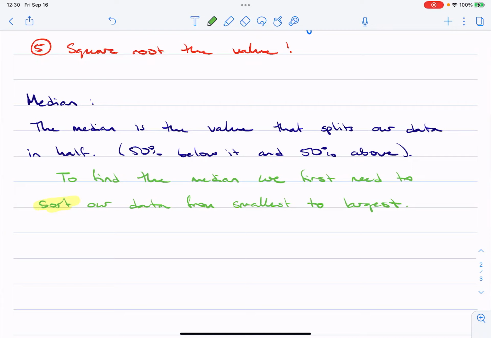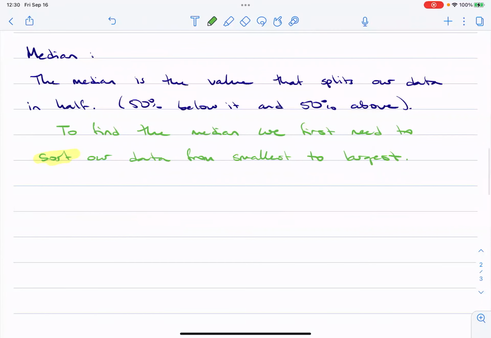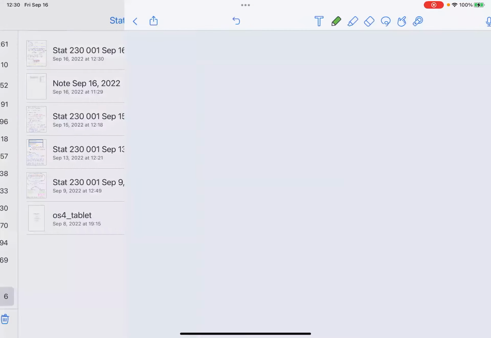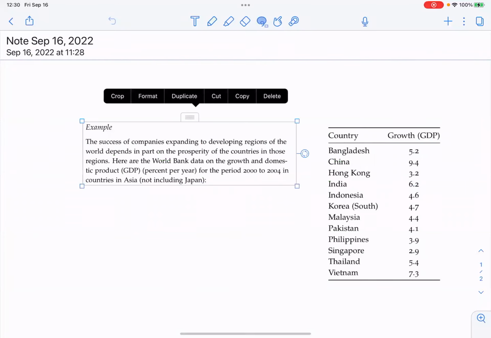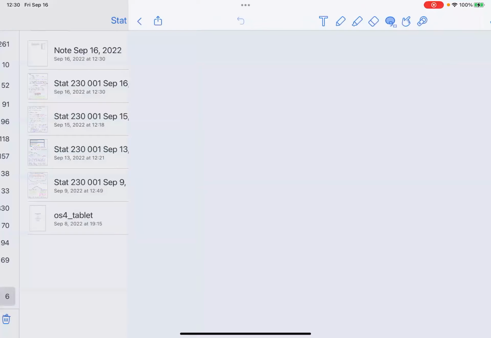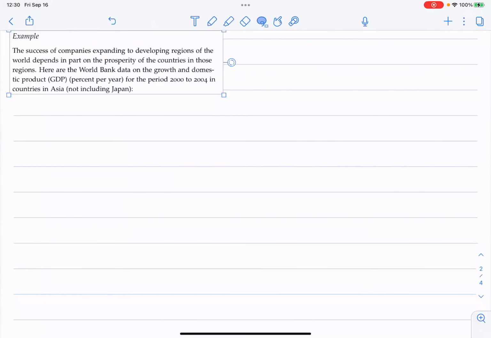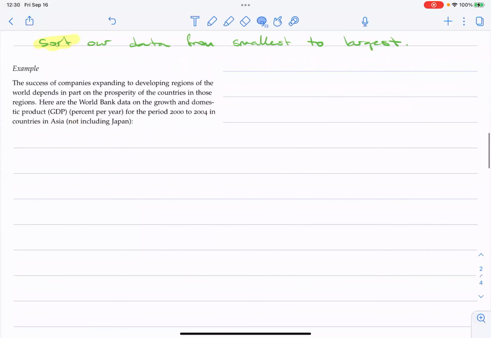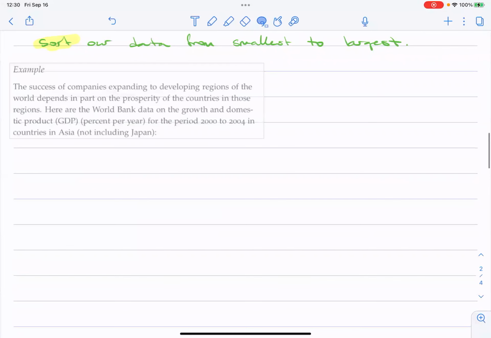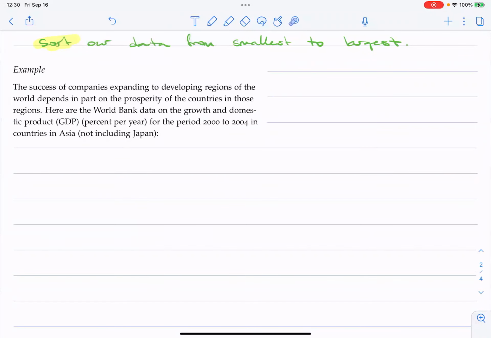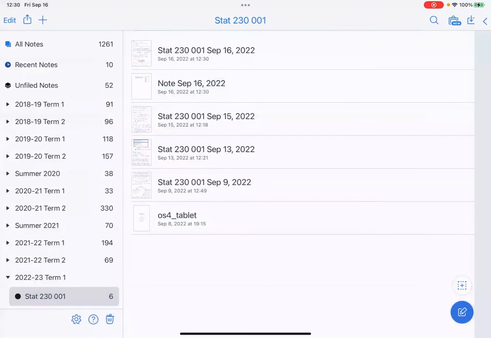Okay. So for this, I have an example that I wanted to grab from my old notes, and I know it's cheating here, but you don't need to read this blurb. We're going to be looking at GDP for a set of countries. That's going to be our data, and I'm going to bring it in here.